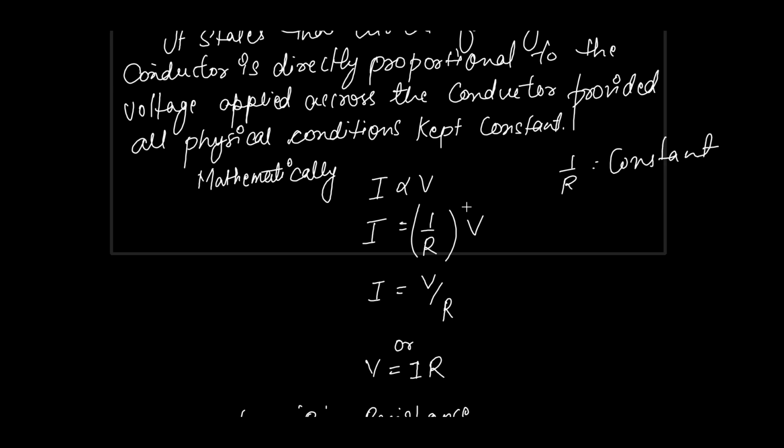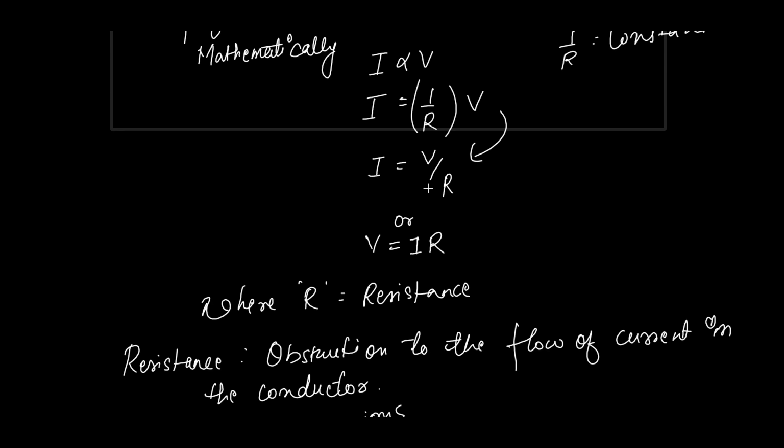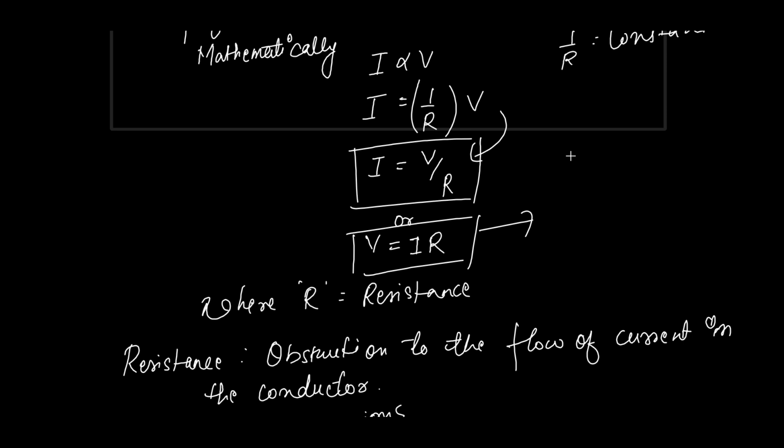So it can be written as I equals V by R, or V equals IR. This equation you will see everywhere. I have written it in the other way also, and this works as well as the first equation. Anyways, here you will see a new term introduced as a constant, that is this R.